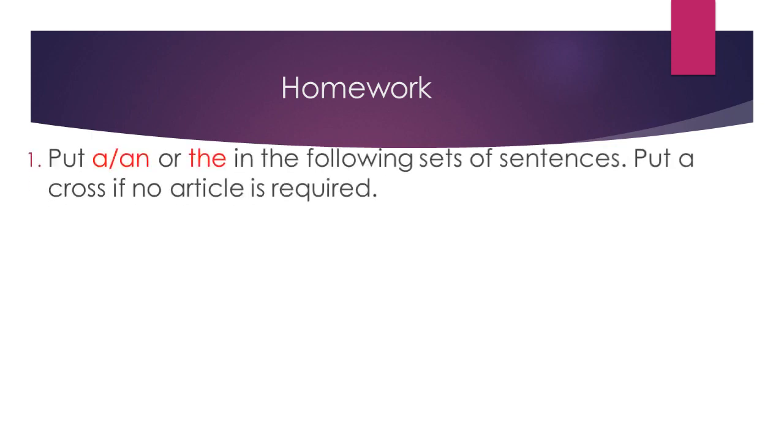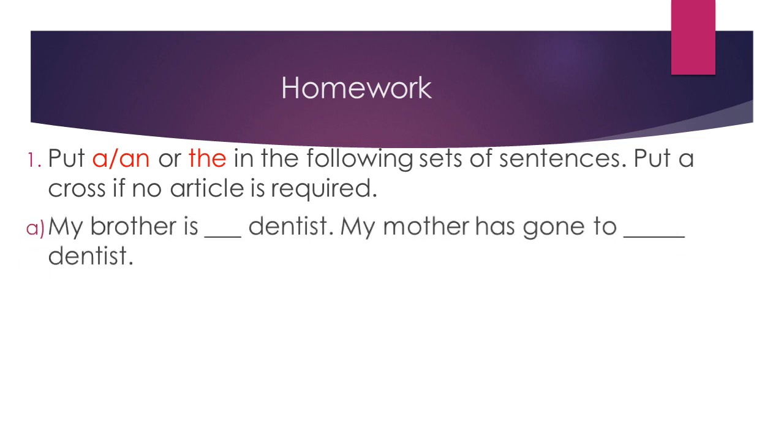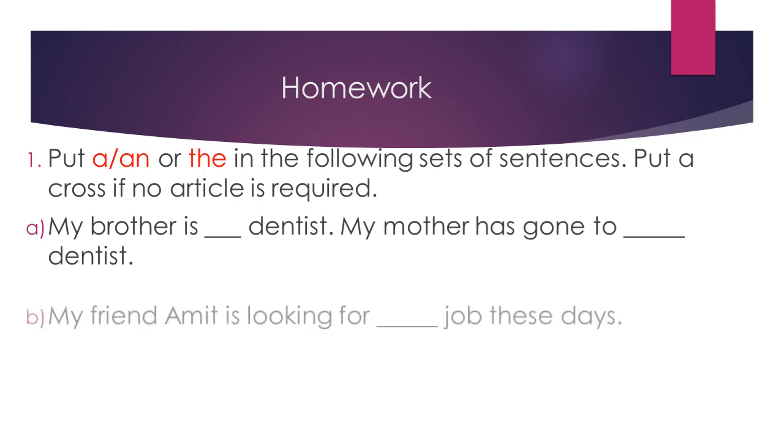Now the question is, put a, an or the in the following sets of sentences. Put a cross if no article is required, meaning at some places no article is required; there you would just put a cross. Number 1. My brother is dash dentist. My mother has gone to dash dentist.